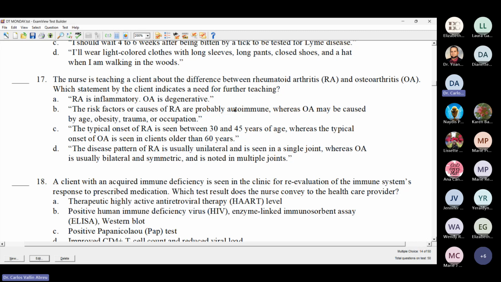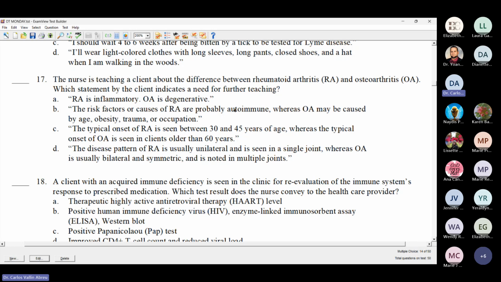This is not good for clients that have arthritis. So low impact is, for example, swimming. When you are swimming, you are floating, and your joints are not suffering the impact of the gravity force when you fall, like when you are running. What else? It could be yoga, tai chi, etc.